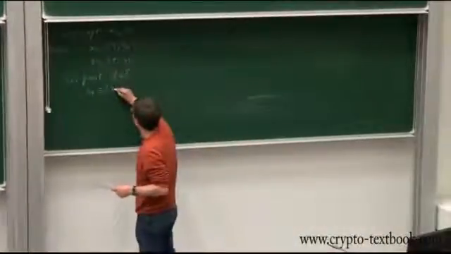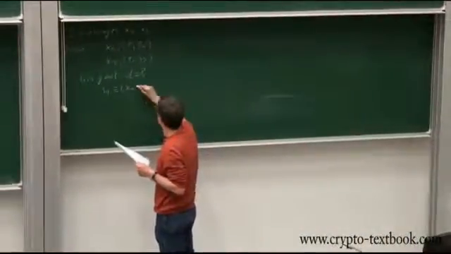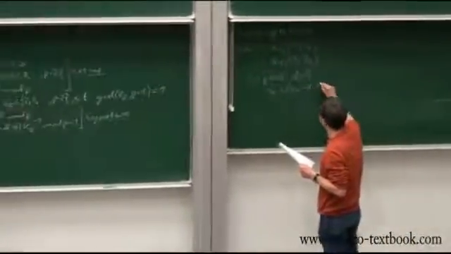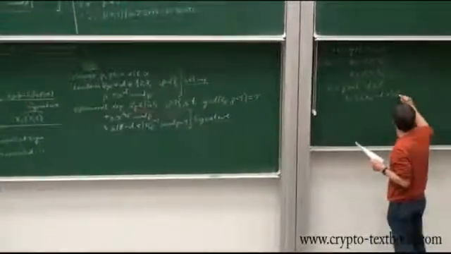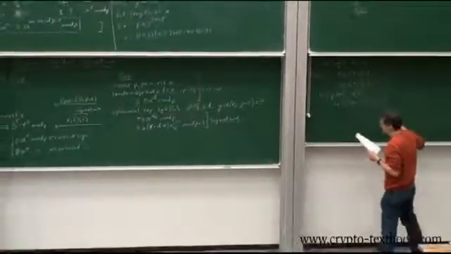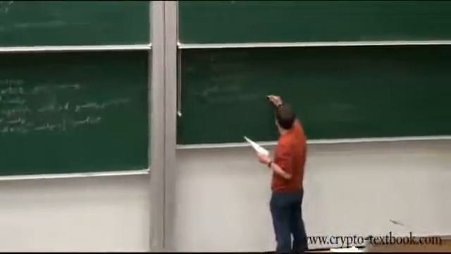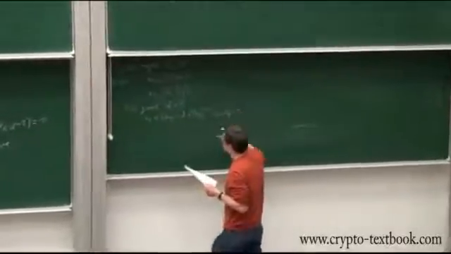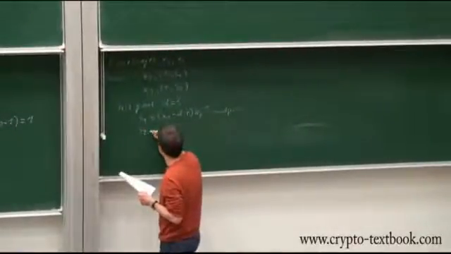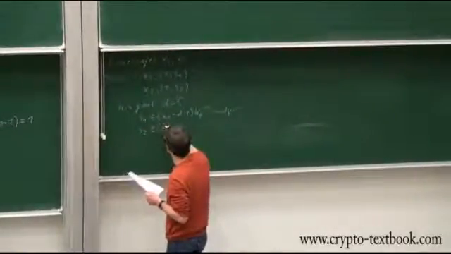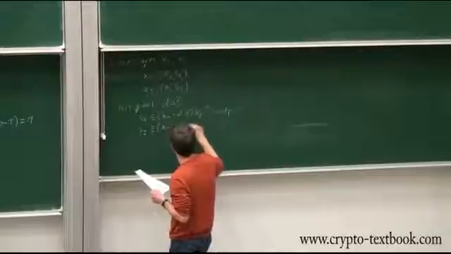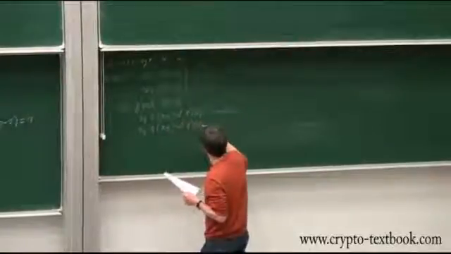This is X1 minus D times R times the inverse of the ephemeral key, mod p minus 1. He gets a similar expression for the second signature.